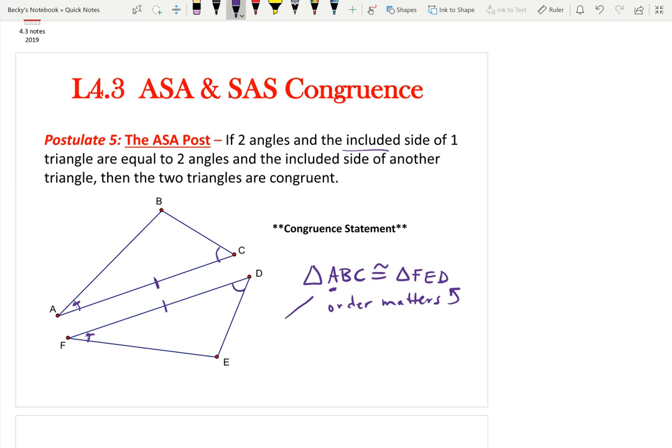The first one, you determine the order. Okay, so I hope that all makes sense. So again, this is ASA.